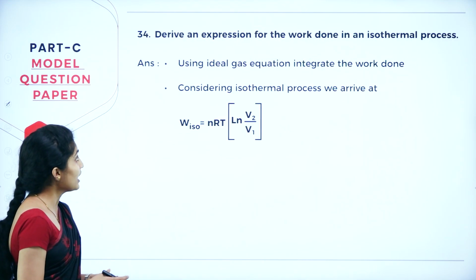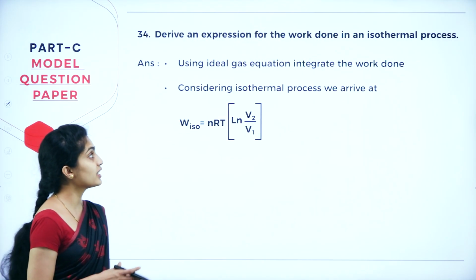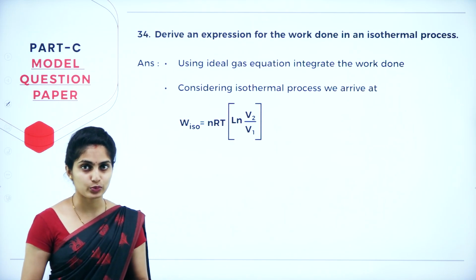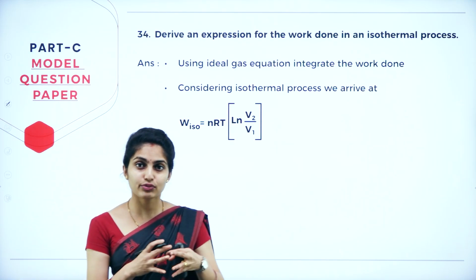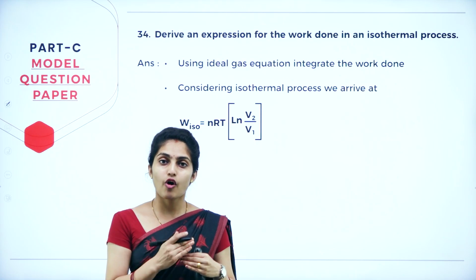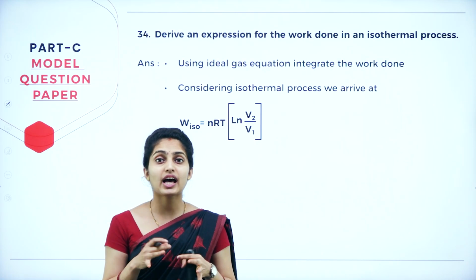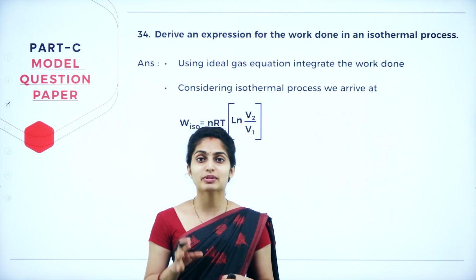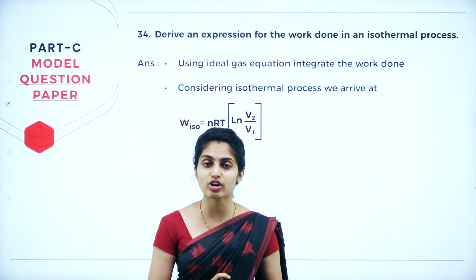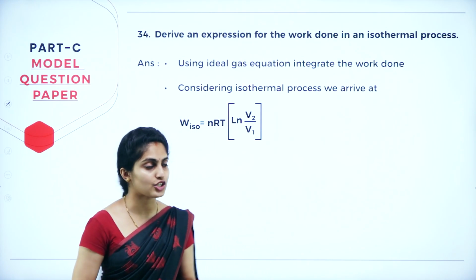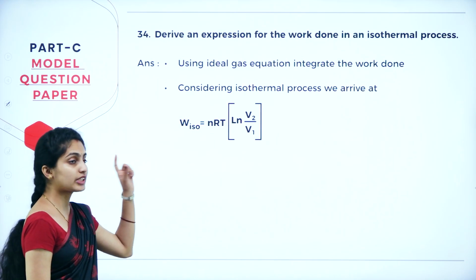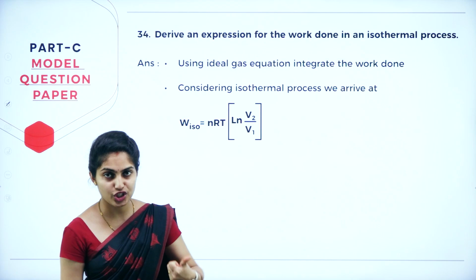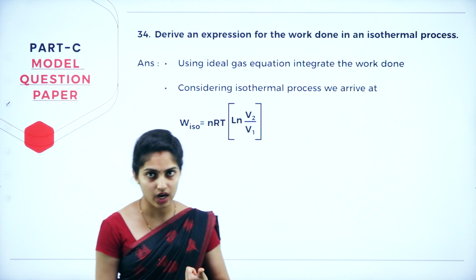Next is derive an expression for work done in an isothermal process. So we have to derive the expression of work done in isothermal condition. And what is isothermal condition? It is nothing but the temperature which is said to be constant in isothermal condition. So here we have to take the ideal gas equation, PV is equal to RT.